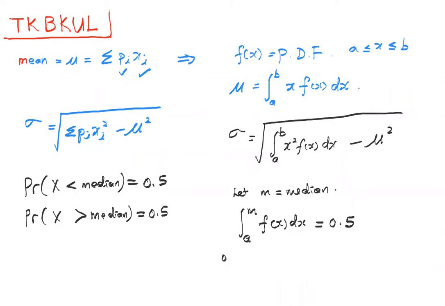Or I can say if I integrate from the median to the highest value of x, I must also get 0.5. So you can work it either way. So that is how all these formulas come about. All these formulas you have to bear in mind.